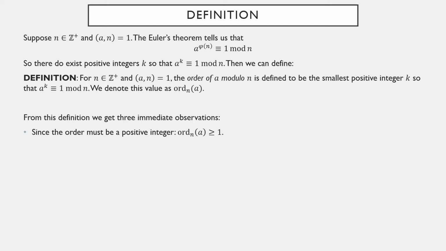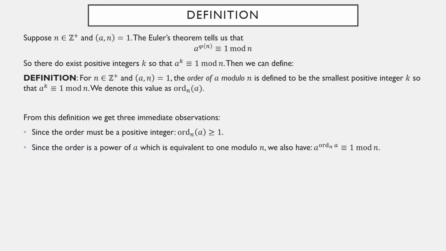So from this definition, there are three observations we can make right away. The order has to be a positive integer because it's the smallest positive integer that solves this equivalence. So the order has to be positive, it's at least as big as 1. Since the order is a power of a equivalent to 1 mod n, if you raise a to that order, it's definitely going to be equivalent to 1 mod n.